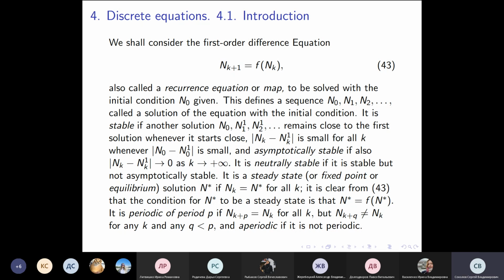First of all, a question for you: when should we use difference equations in real life? Give me an example of these species.